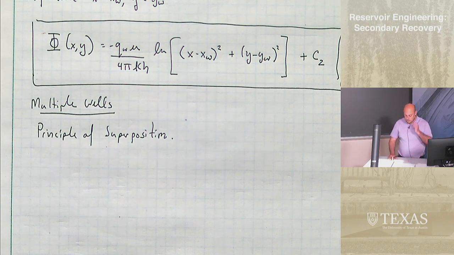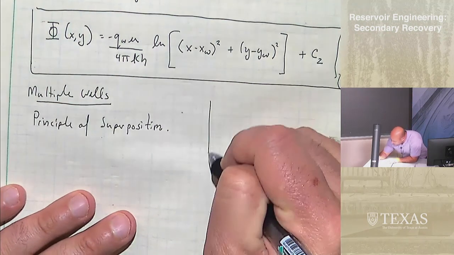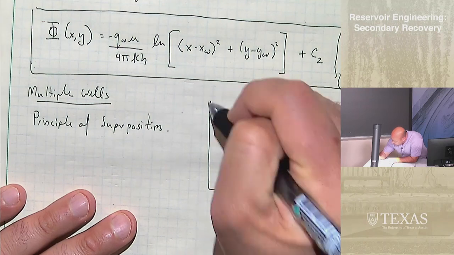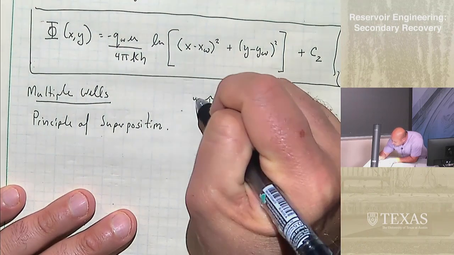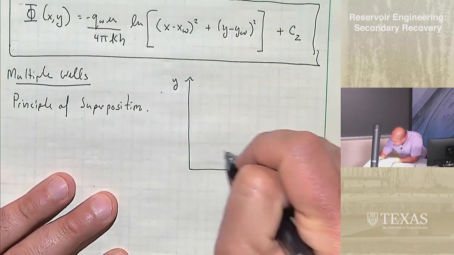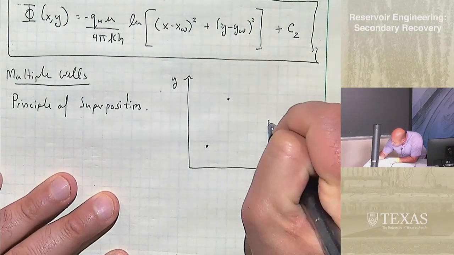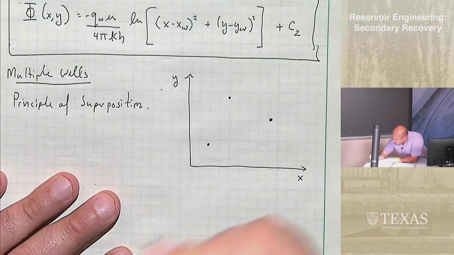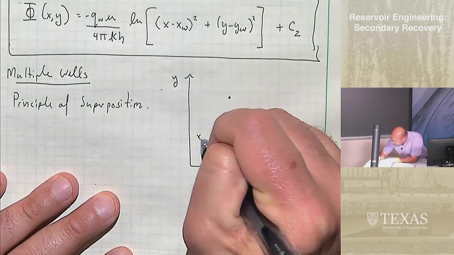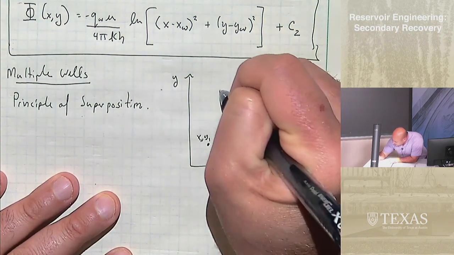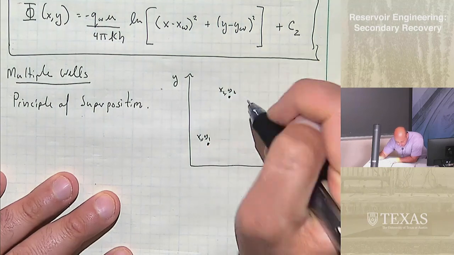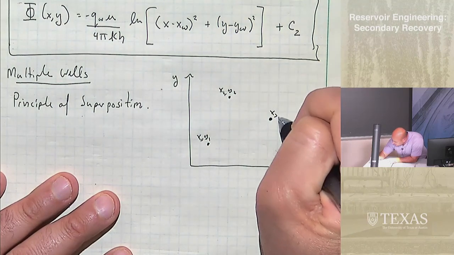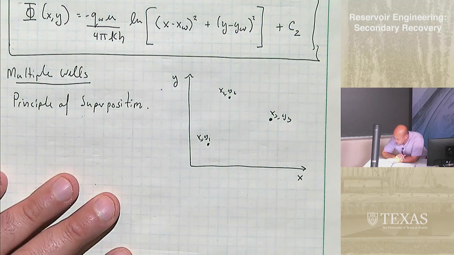Okay, and so what you can do is you can add those solutions. So imagine you had a reservoir, and this is again X, and this is Y, and you had wells, right? This is X1, Y1, and this is X2, Y2, and this is X3, Y3.